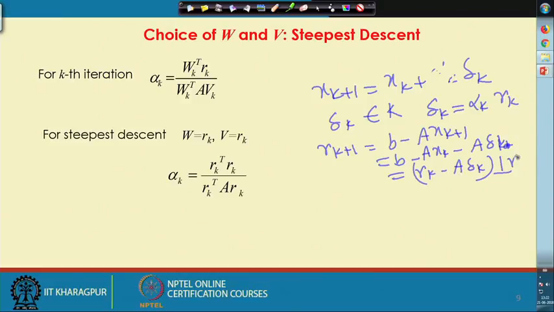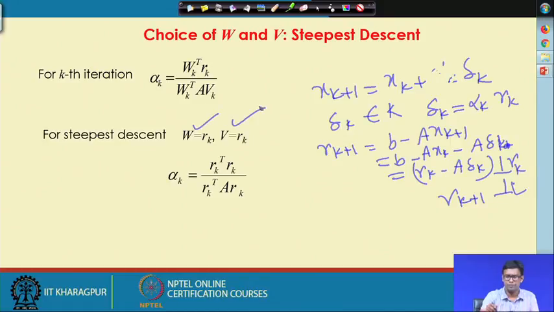This is perpendicular to r k, that is, r k plus 1 is perpendicular to L. So, this gives us the steepest descent algorithm, which is obtained by certain choices of W and V.